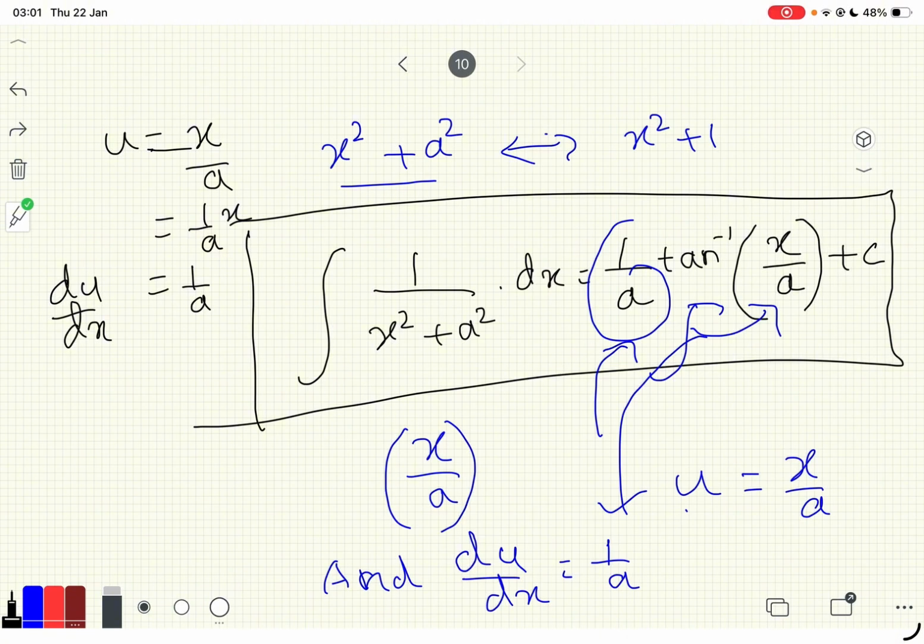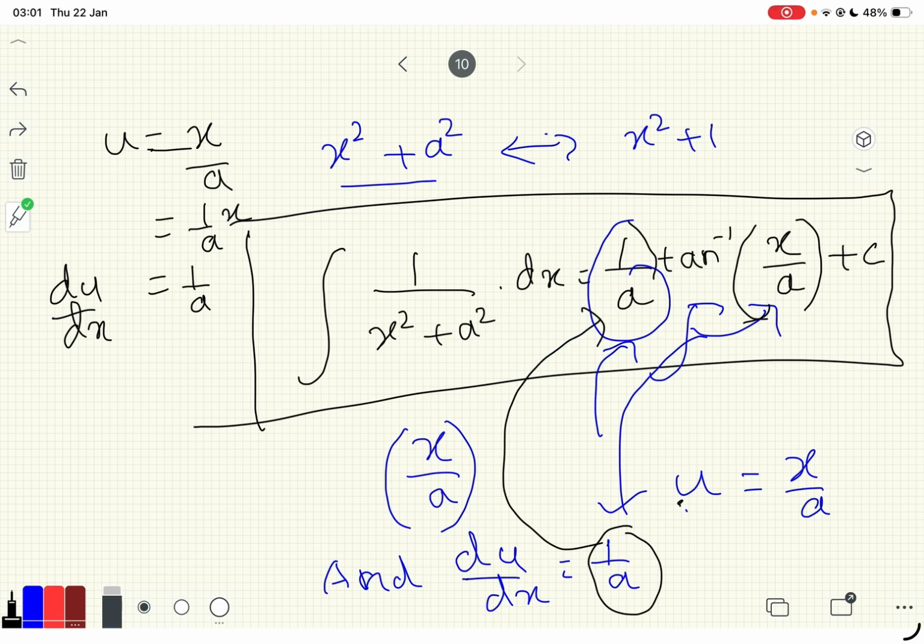So if inside arctan we have x over a, then this inside is u, and du over dx is 1 over a. That 1 over a is exactly why the answer has 1 over a outside.